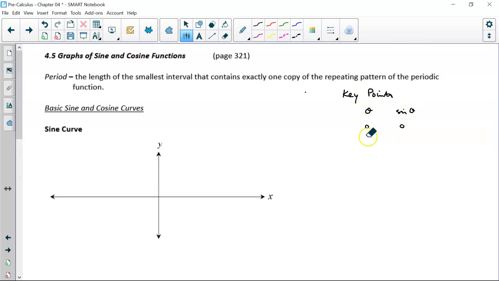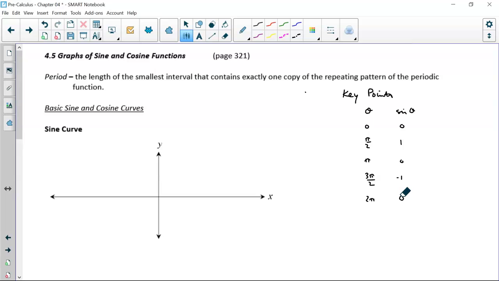When theta is pi over 2, we're at 1. When theta is pi, we're at 0. And when theta is 3 pi over 2, the sine is negative 1. And then when we get back to 2 pi, the next circle, we're back to 0.